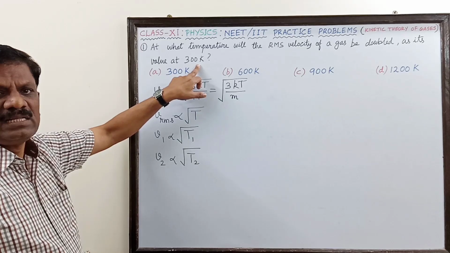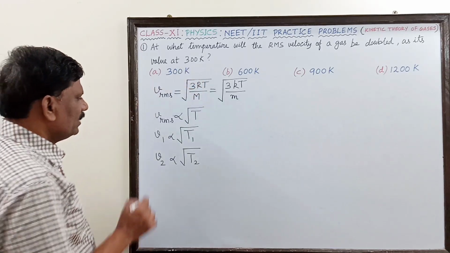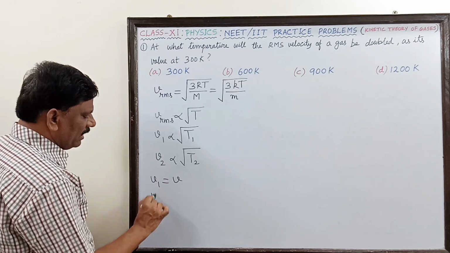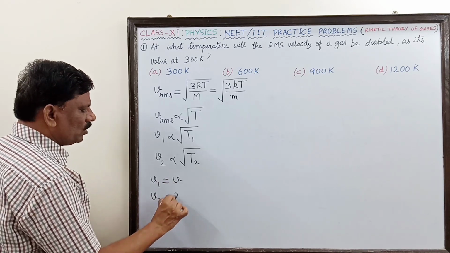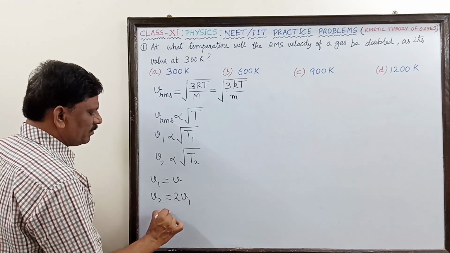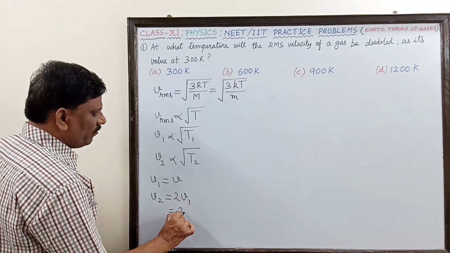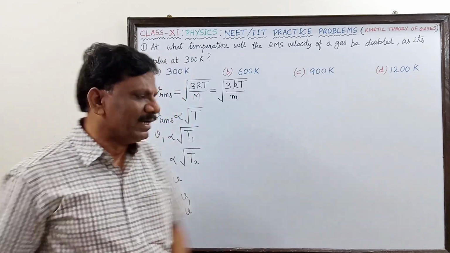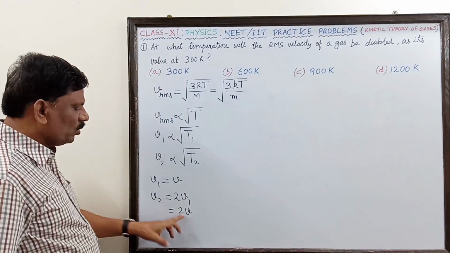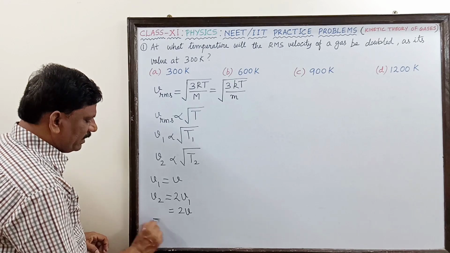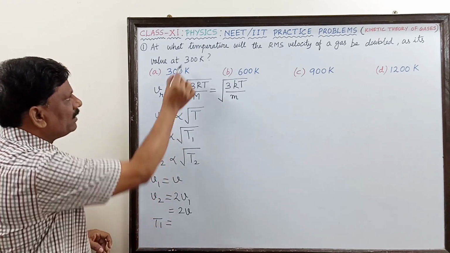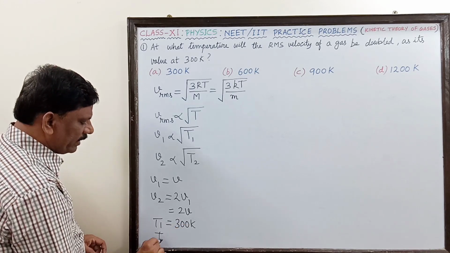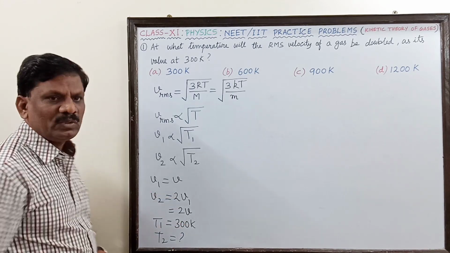T1 is given as 300 K. I will write V1 is equal to V, and V2 is equal to 2 times V1, so this must be equal to 2V, since the RMS velocity gets doubled. And T1 is equal to 300 K. What is to be found here is T2.